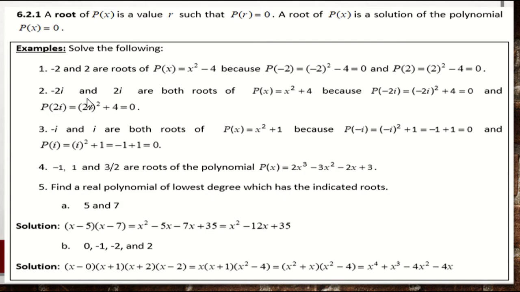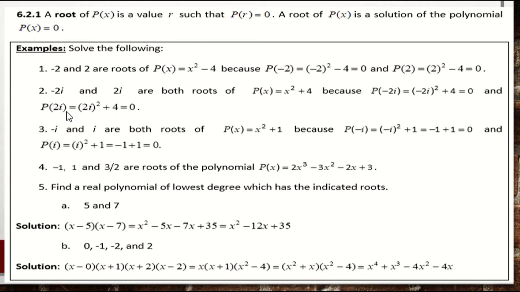Another: negative 2i and 2i are both roots of p of x equals x squared plus 4. If we substitute negative 2i squared, negative 2 squared is 4, and i squared is negative 1, so it becomes negative 4, plus 4 is 0. Also p of 2i: 2 squared is 4, and i squared is negative 1, so negative 4 plus 4 is 0.